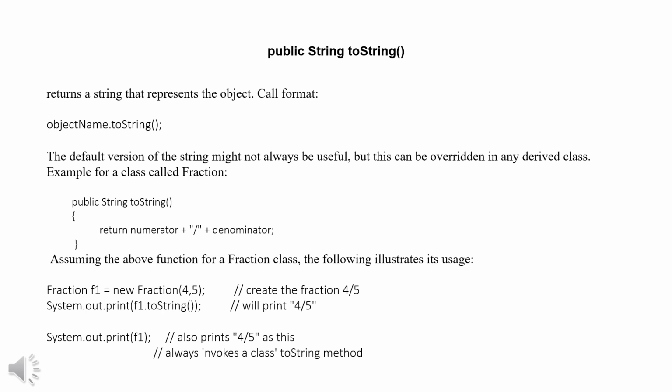If you want to use this method for a class, for example a class named Fraction, first we create an object for this class: Fraction f1 equals new Fraction. Now we have an object of the class Fraction, and then we can call the method toString that is already inside this class. So f1.toString will call the method toString.